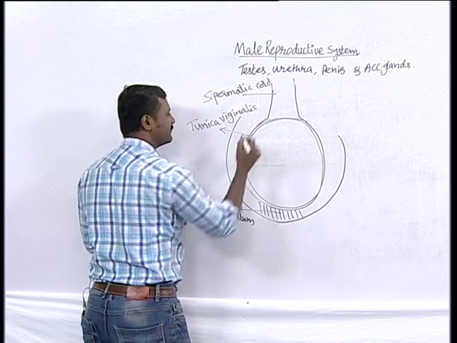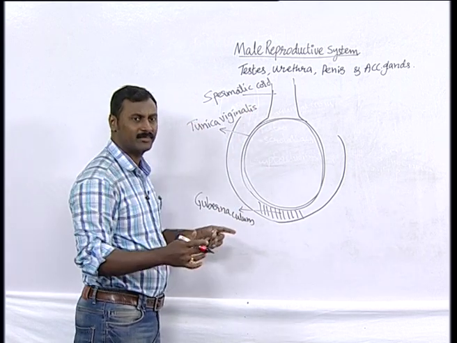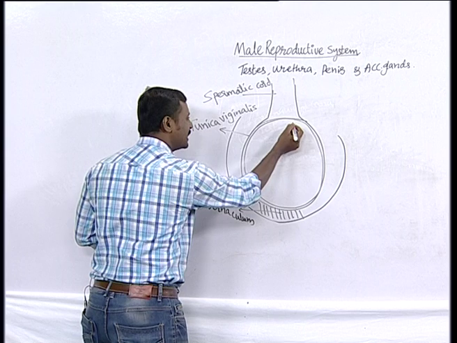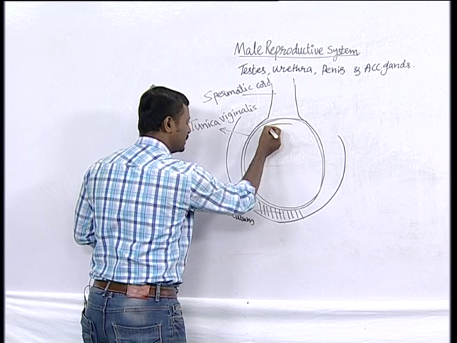So this is the tunica vaginalis, which is the outer envelope.